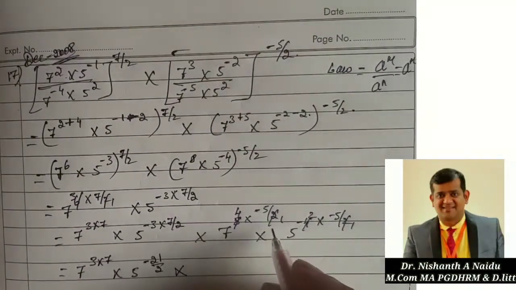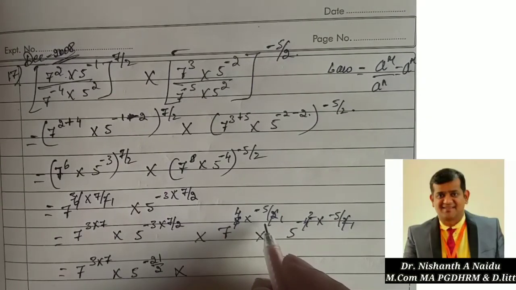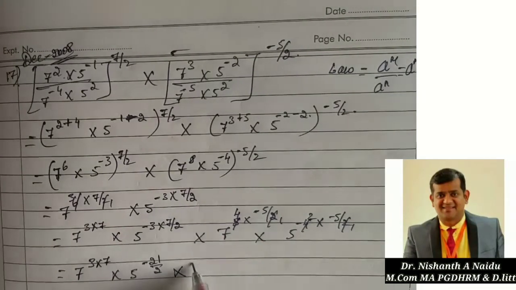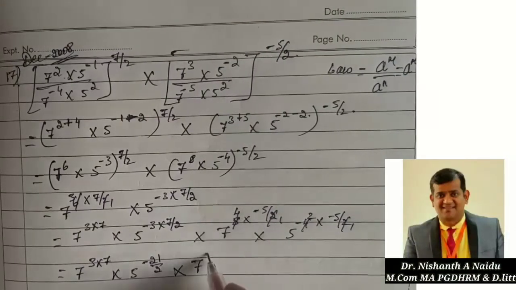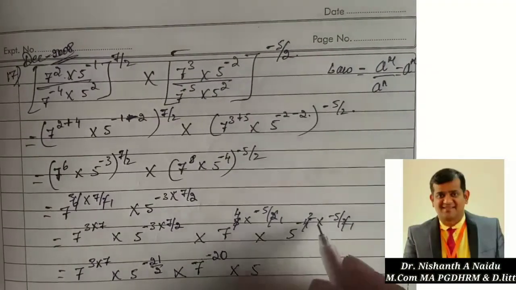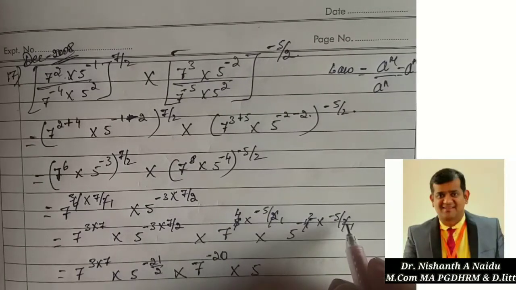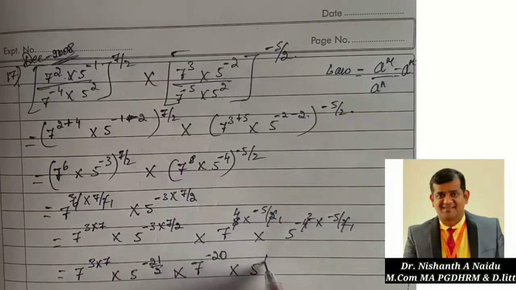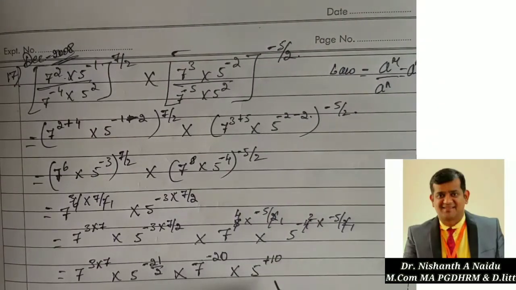Here 4 into minus 5 is minus 20, 7 to the power of minus 20, into 5 to the power of minus 2 into minus 5. So minus into minus is plus 10.